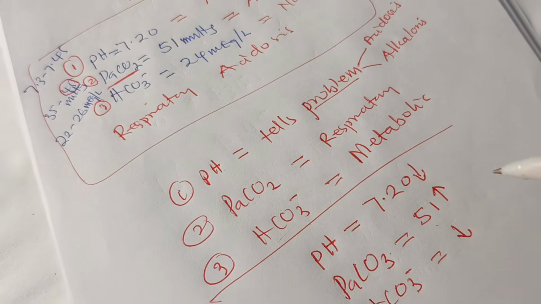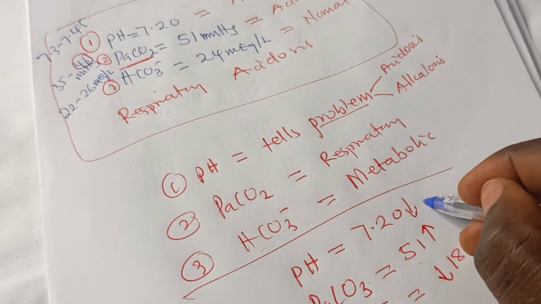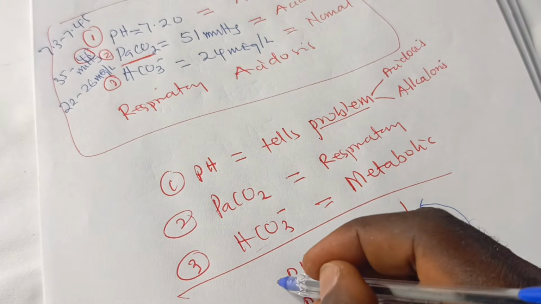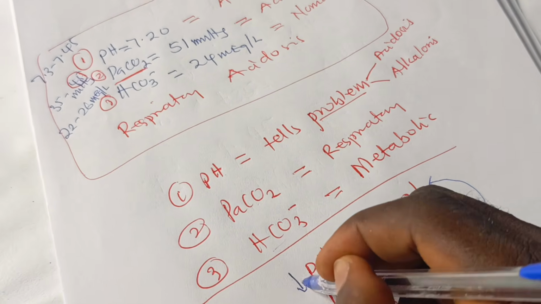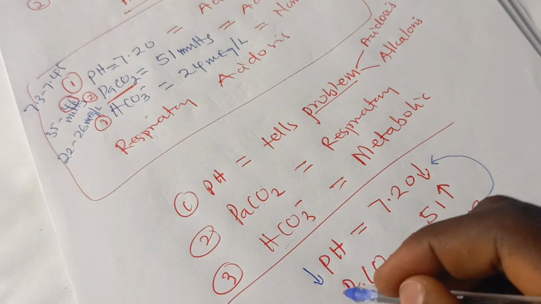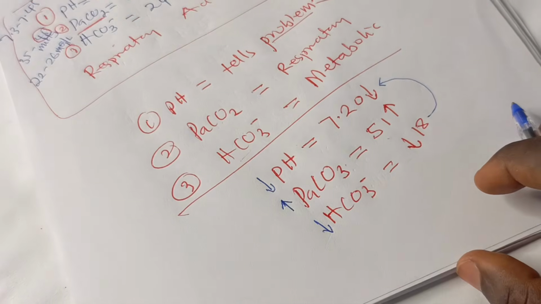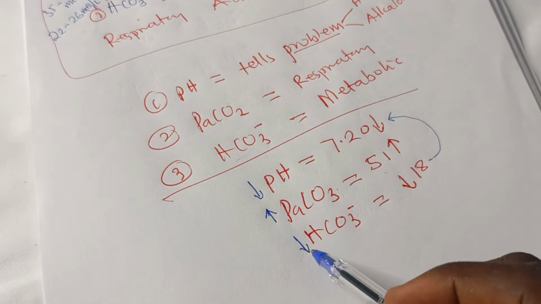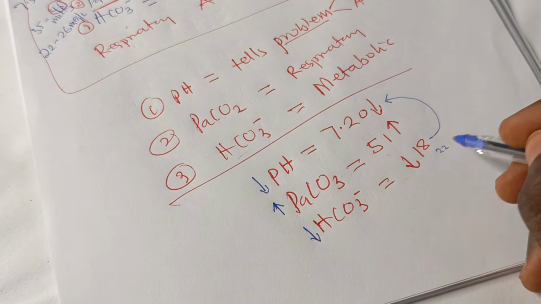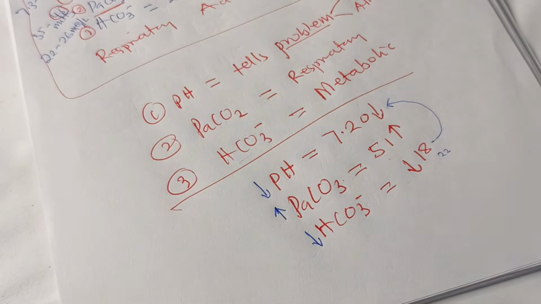So for example, if the figure here is 18, this is what can agree with the pH for it to be acidosis.